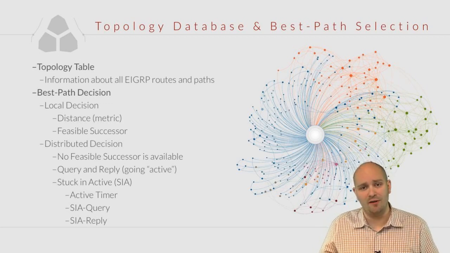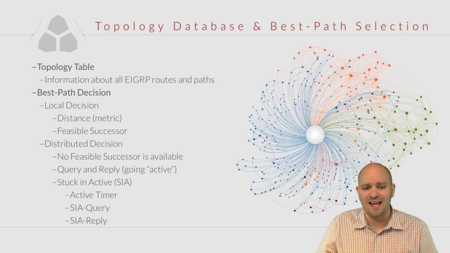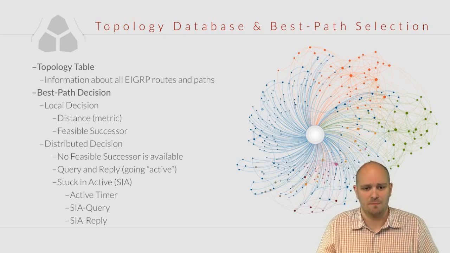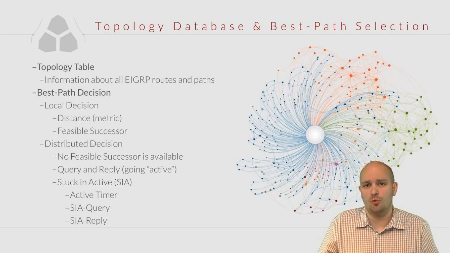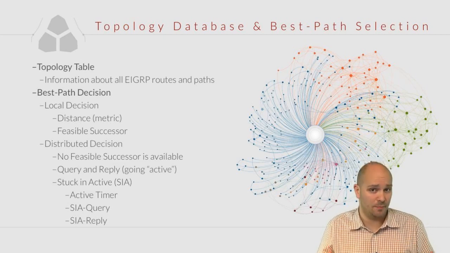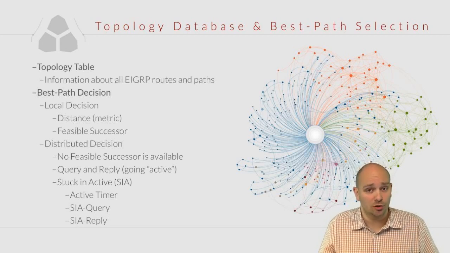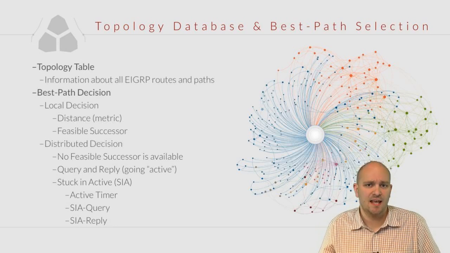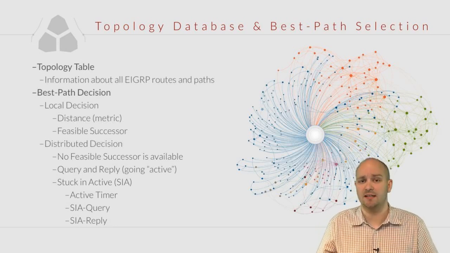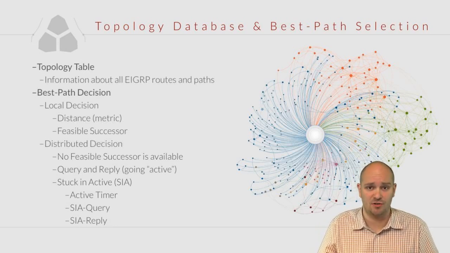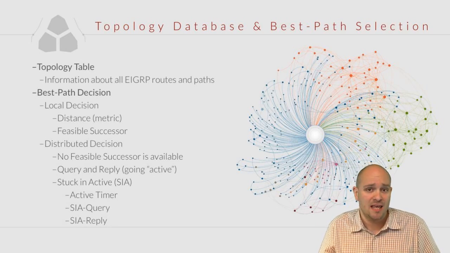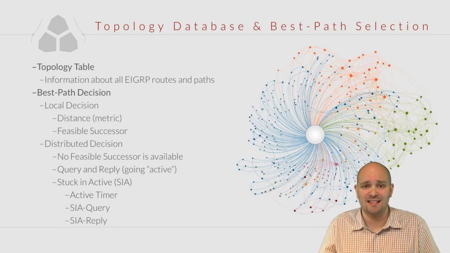It needs to go and find the replacement route in a distributed fashion. And this is the situation when we do have a backup route in our routing table, but unfortunately that route has not passed a feasibility condition. If this is the case, the router cannot guarantee that the backup route, the second best route it has in the topology table, is loop-free, and in that case it needs to go active on the route.